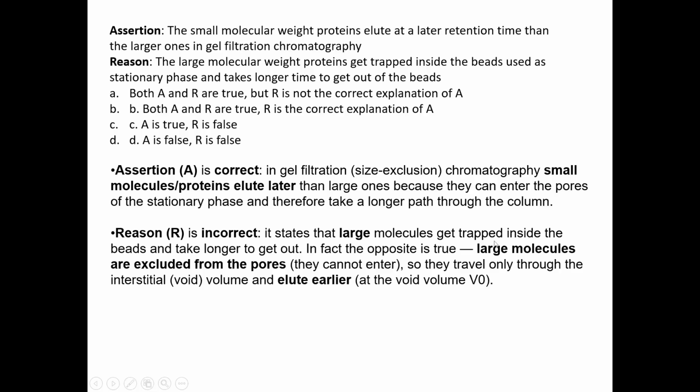Large molecules can freely flow in between the beads because they can't enter the beads. They will just flow out in the initial void volume itself. In fact, the opposite is true: the large molecules are excluded from the pores, they cannot enter. So they can travel only through the interstitial space, which is in between the beads, the gaps, the void, and elute out earlier at the void volume.